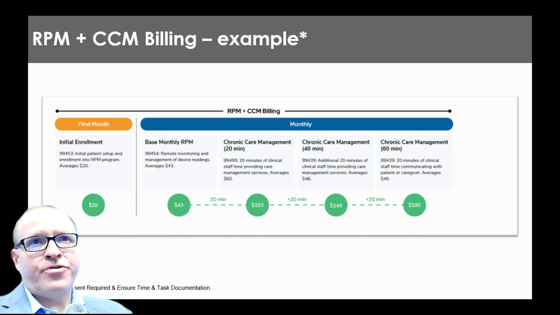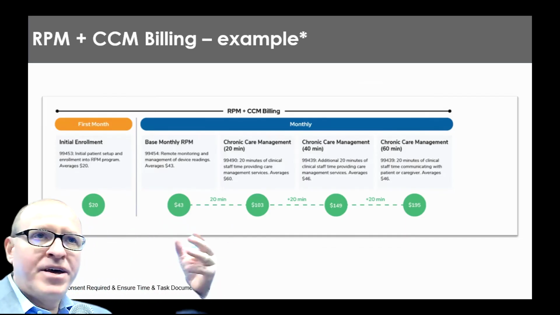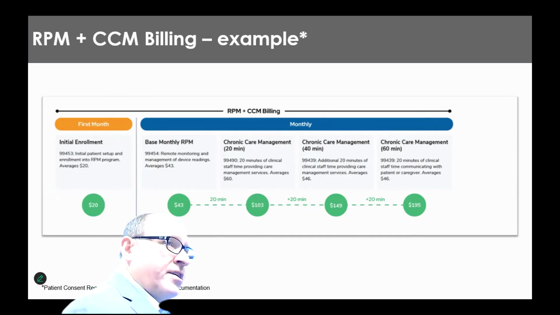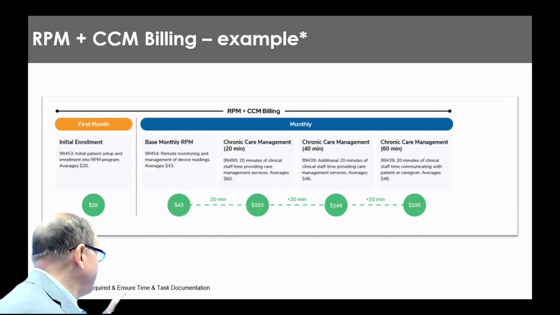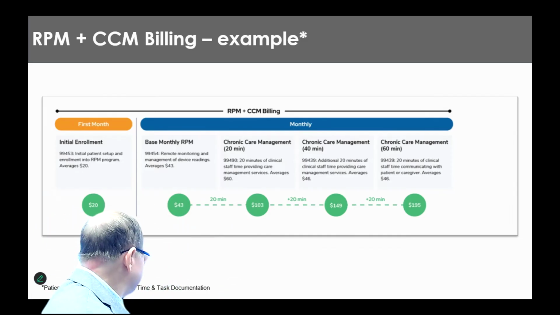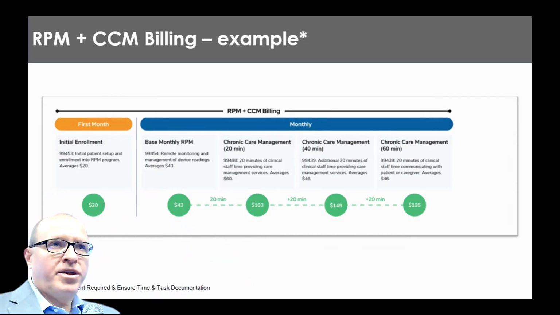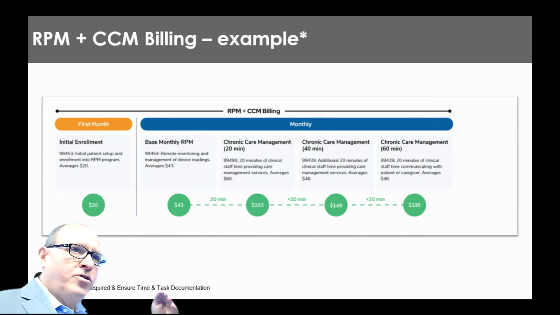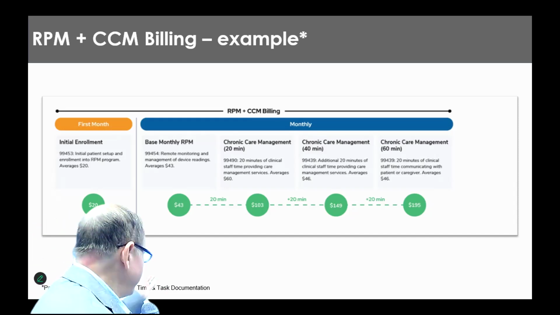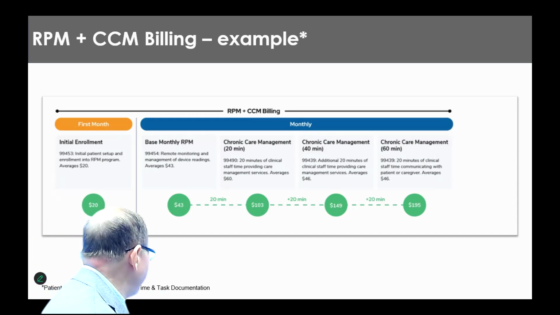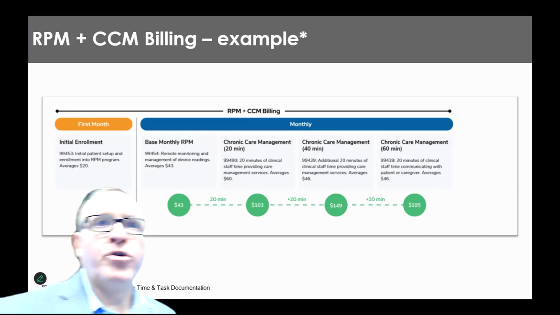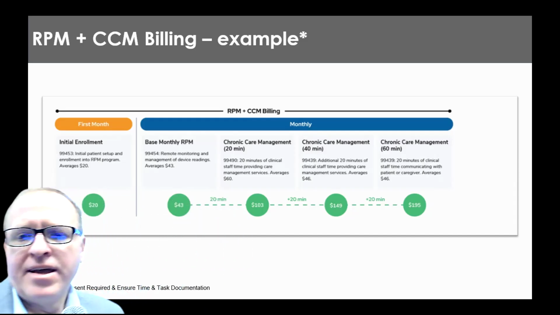So 16 out of 30 days you need to have data transmission. But then assuming they qualify for CCM, you can start billing the CCM codes for those 20-minute increments, and it ends up giving you about $20 to $30 more per month, depending on how many of those 20-minute packets you're billing.